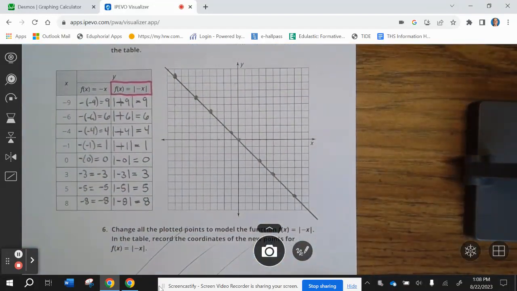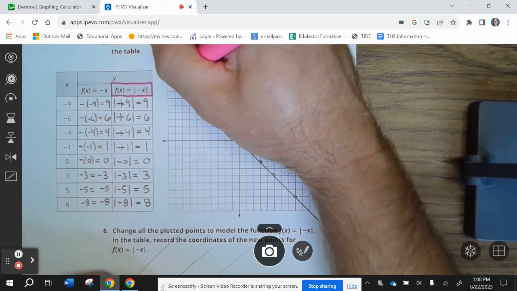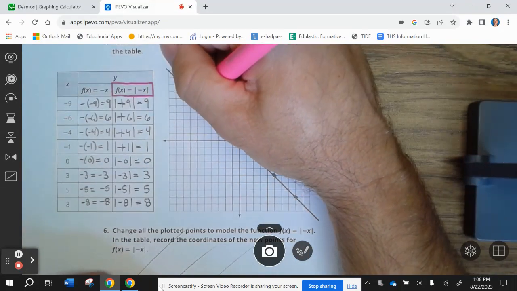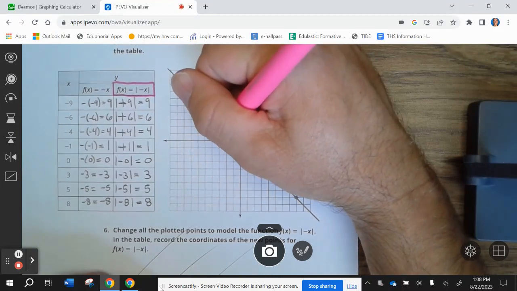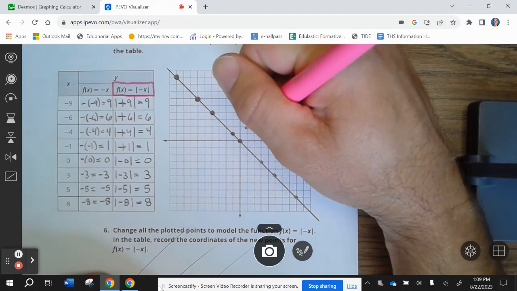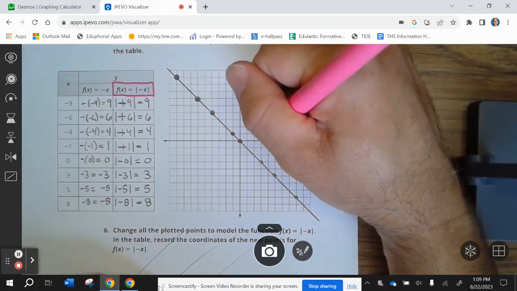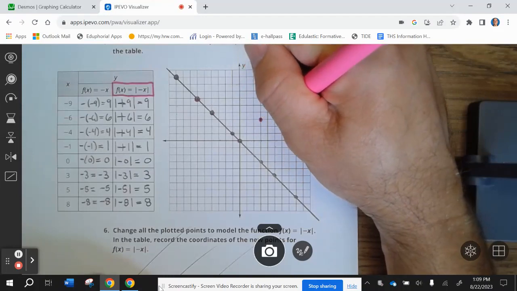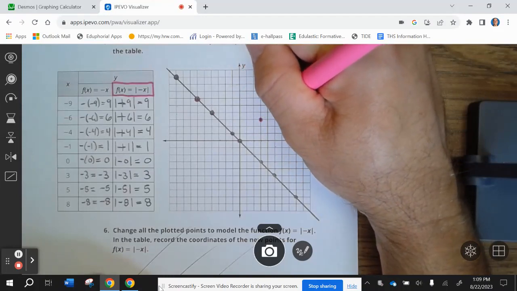All right, so let's go ahead and graph those points. So negative 9, 9. Negative 6, 6. Negative 4, 4. Negative 1, 1. 0, 0. And then 3, 3. 5, 5.